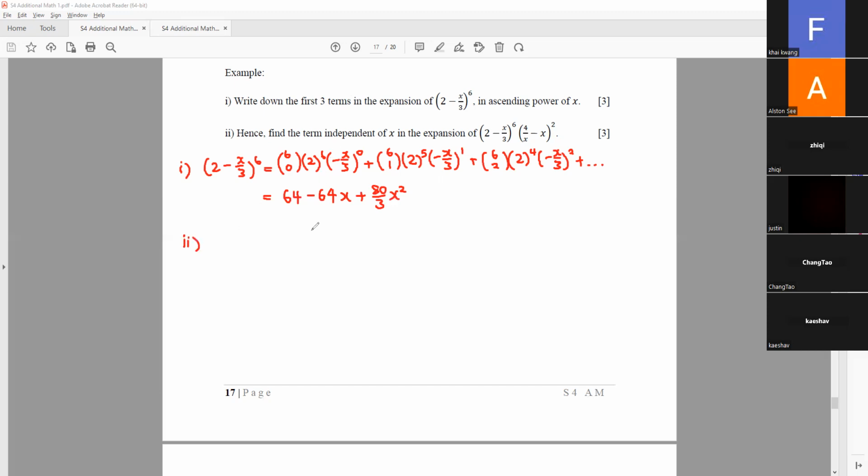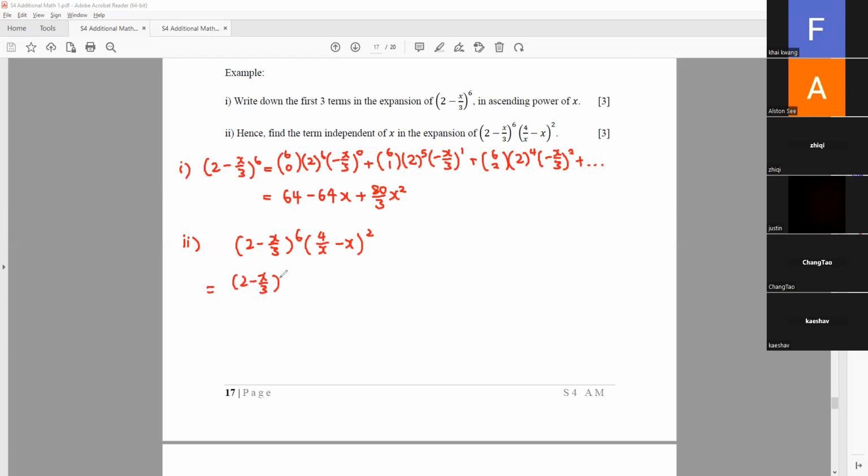Part 2, find the term independent of x in this expansion. What does term independent of x mean? Term independent of x means don't have x value. Okay, so what you need to do is actually you need to go and do expansion because it's a product, so you need to do the rainbow multiplication, correct? However, we can't do that because this one got power 2, this one got power 6.